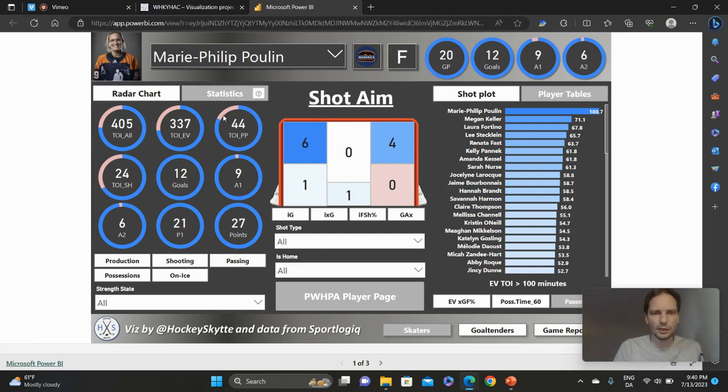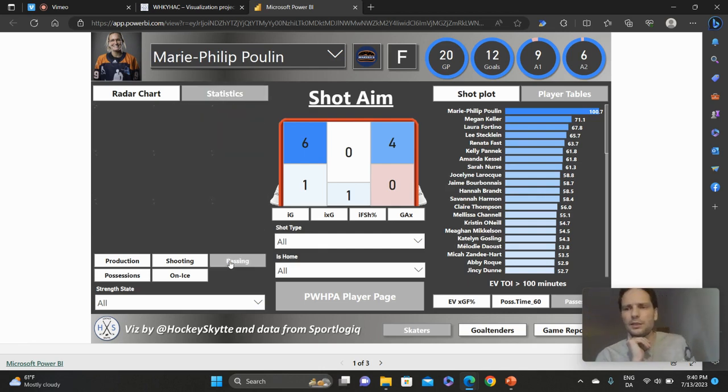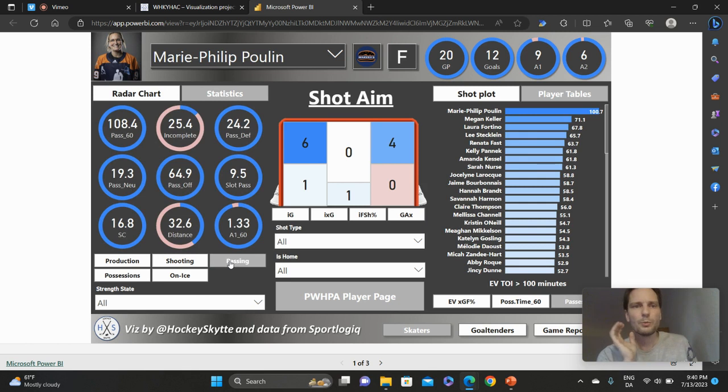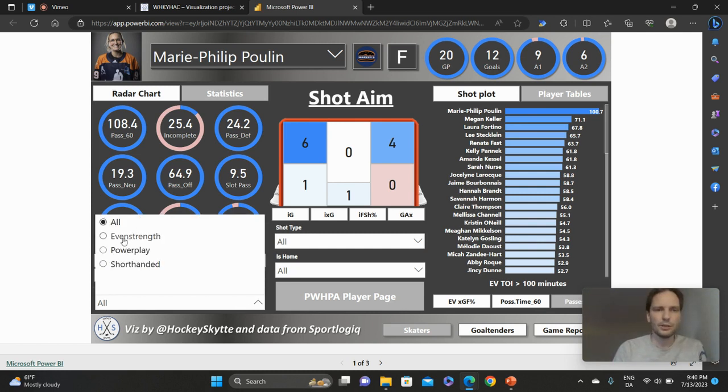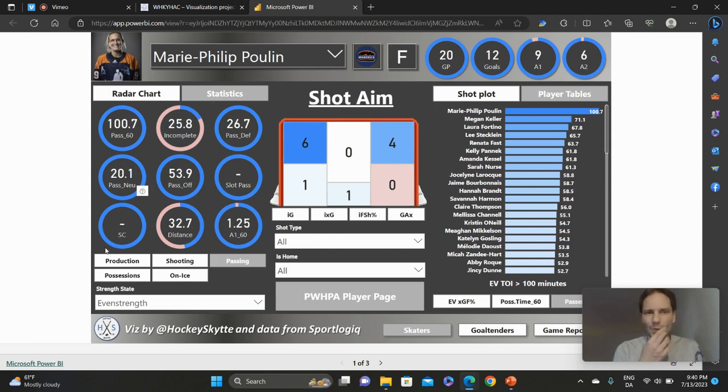So we'll just go to statistics and go to the passing stats here. When we do this, we can see her passing data in much greater detail. We'll just look at even strength data here. We can see that she has the 100.7 passes per 60 minutes, but she's also leading the league in defensive zone completed passes, neutral zone completed passes, and offensive zone completed passes.